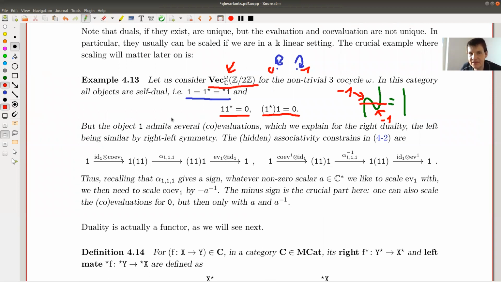And yeah, the monoidal unit has basically one choice of evaluation and co-evaluation maps. But the object 1 admits several co-evaluation maps, which we will see now in action. And I just do it for the right duality, but of course there's a similar picture for the left duality.